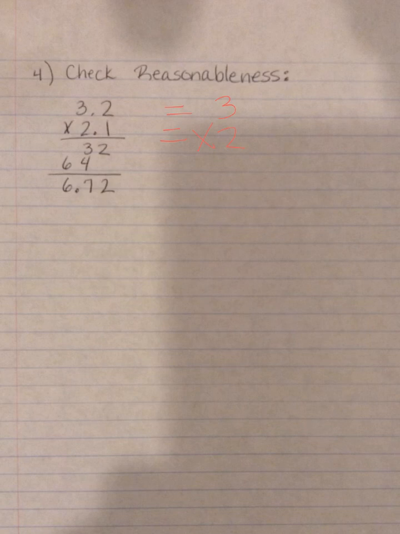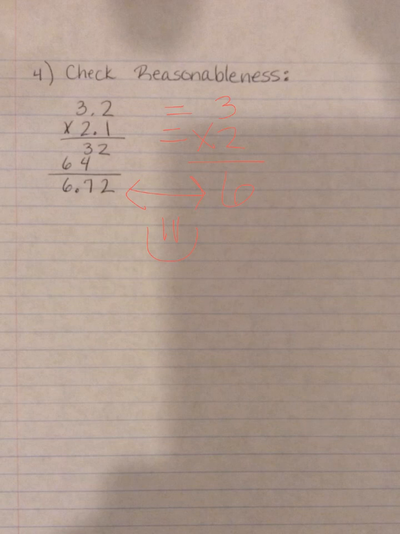And if I multiply 3 times 2, I get 6. 6 is pretty close to 6.72. My actual answer is a little bit more than 6 because I started out with a little bit more than 3 and a little bit more than 2. But my answer is reasonable, so it most likely is good.